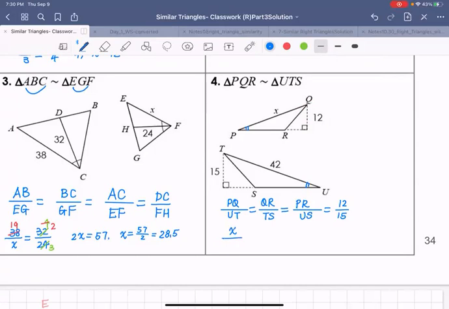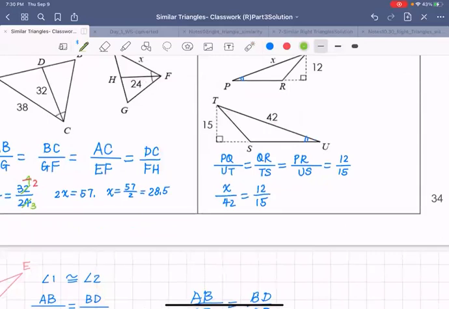UT is how much? 42. Okay. QR, we don't need those. We just get here. Oh, all right. Let's do the simplification. Go ahead, please.